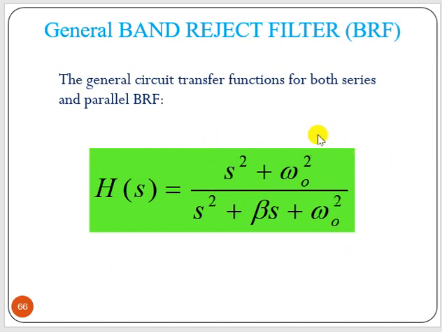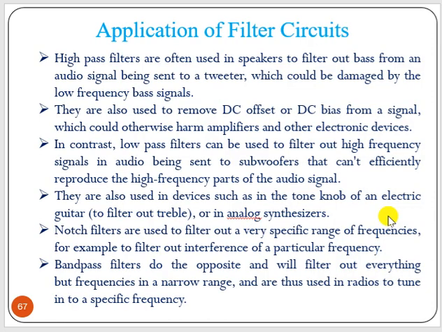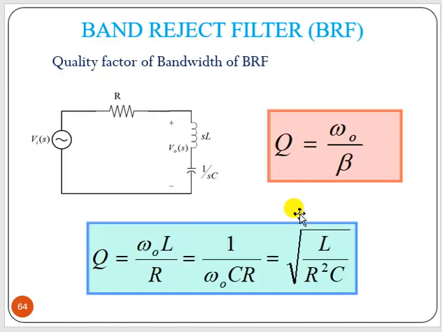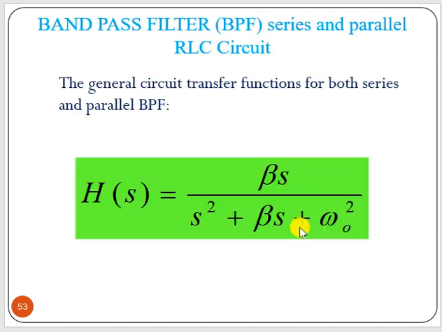Here we have a quadratic equation, both numerator and denominator are quadratic, and we have zeros at the imaginary axis, at location plus minus j 1 by root of LC. For the band pass filter, the numerator is not quadratic, if you remember, it is beta s. That means we have a zero at s equal to 0, omega equal to 0.